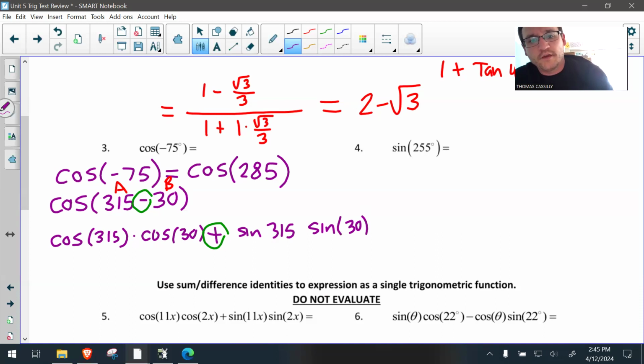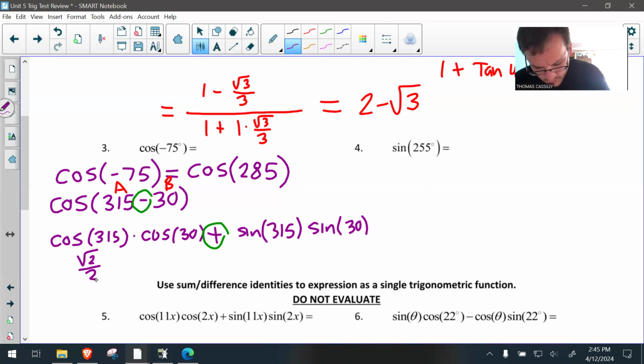So here's what it looks like expanded out. And these are all exact values on your unit circle. So if you just look at your unit circle, just grab all those. The cosine of 315 is a positive square root of 2 over 2.